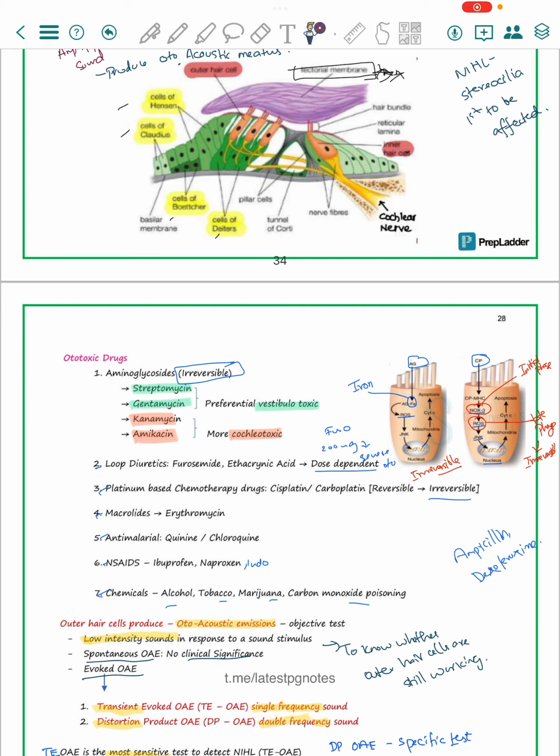Then loop diuretics like furosemide produce dose dependent damage. Then platinum drugs, cisplatin and carboplatin, may cause reversible or irreversible damage, guys. With aminoglycosides, the drug first affects the outer hair cell, then the inner hair cell. This produces apoptosis of the hair cells, and when it enters the ROS pathway, it will be irreversible.